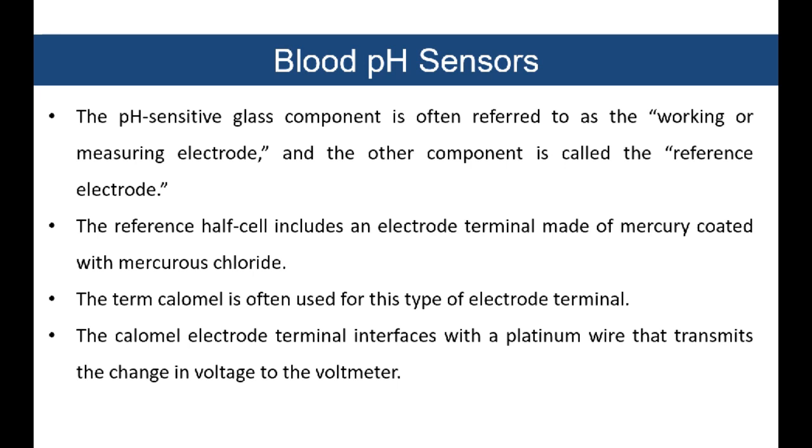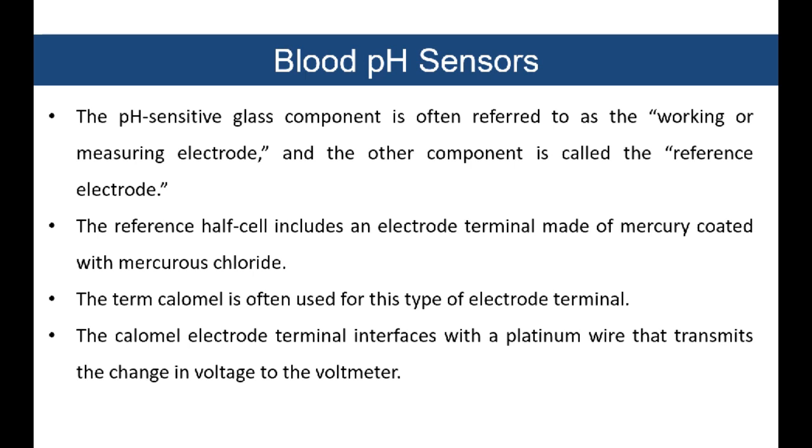The reference half cell includes an electrode terminal made of mercury coated with mercurous chloride. The term calomel is often used for this type of electrode terminal.